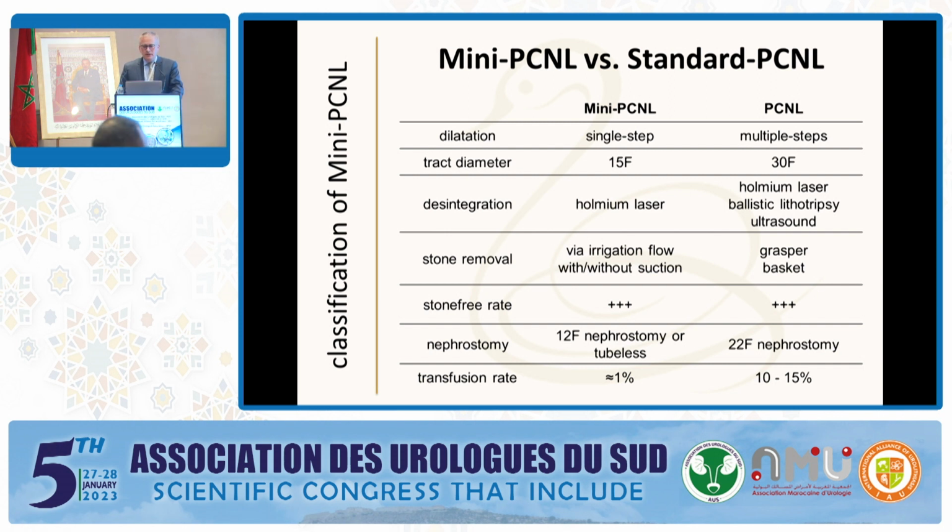The nephrostomy tube in mini PCNL is very small, usually about 12 French, or we are performing a so-called tubeless PCNL. In standard PCNL, we frequently use a larger nephrostomy tube, approximately 22 French. And there is a significant difference in the transfusion rate of these both different types of PCNL.